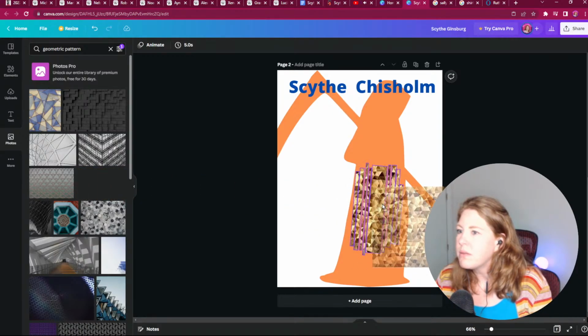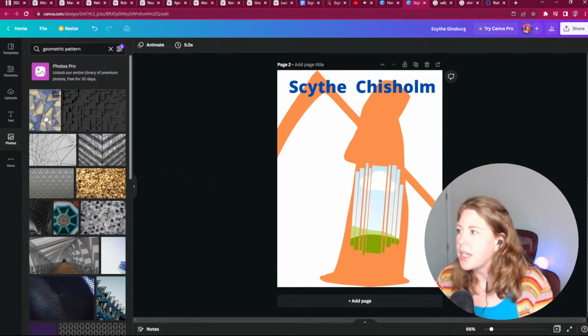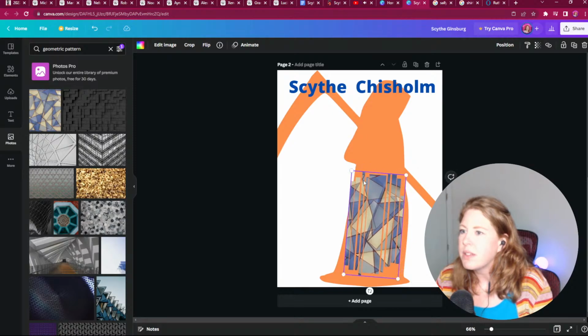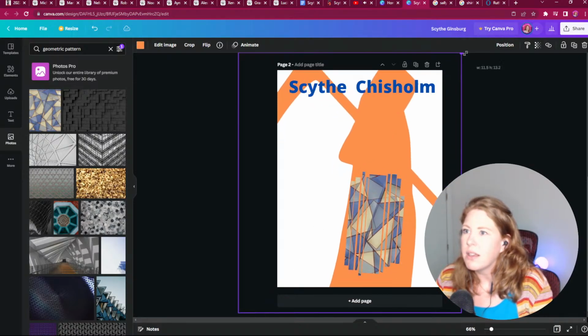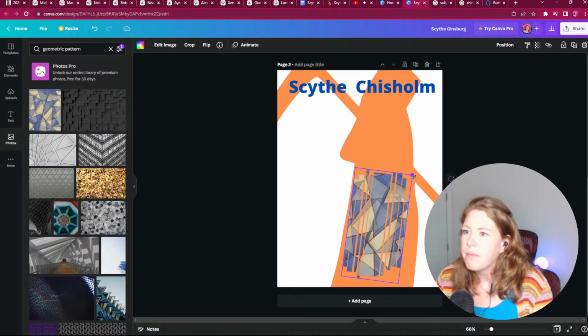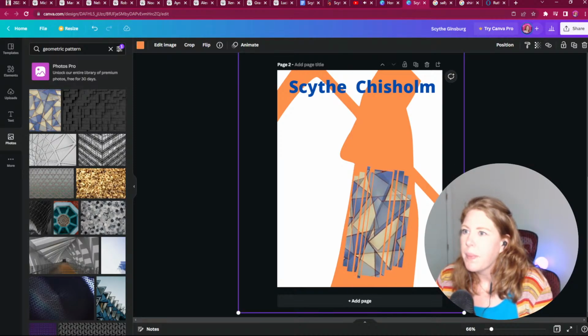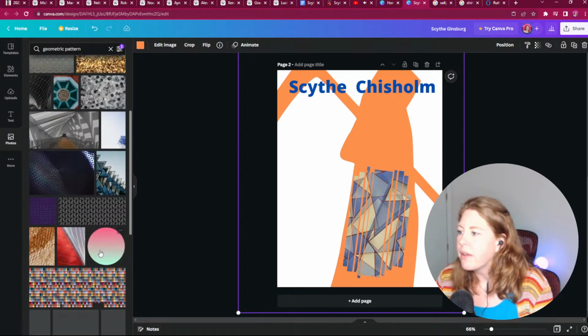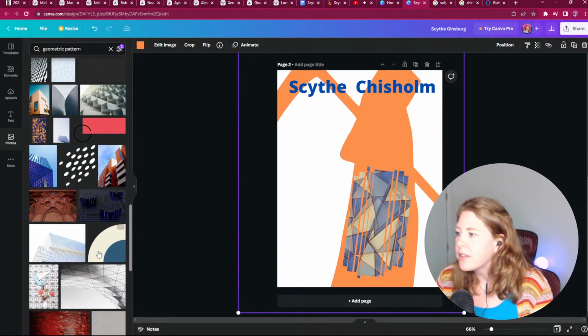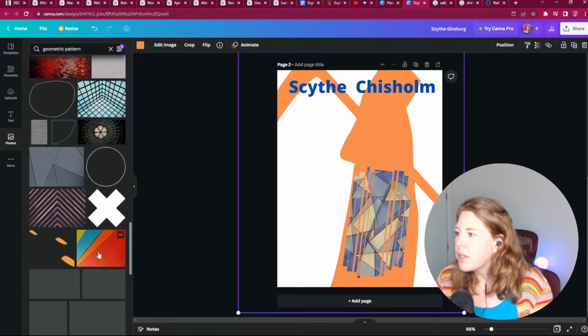What about this one? Okay, that one goes in there, but I don't like it. This one, kind of like it. I just feel like it's not good. Kind of like that pattern though. Is there another better pattern? Geometric pattern.